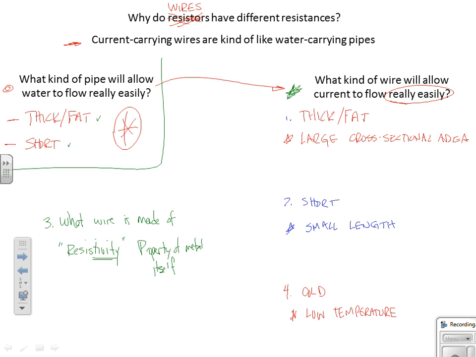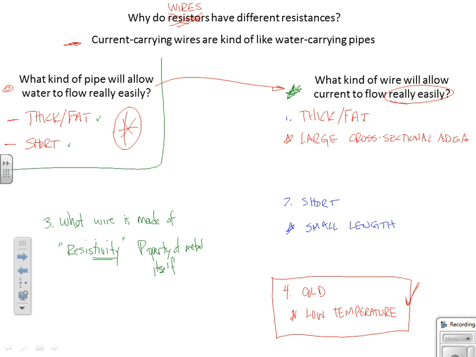All right, so here are 4 things that affect the current carrying capability of a wire. Now this one we usually just keep constant. At least in the problems that we solve, we'll keep it constant. But you should know that the colder a wire is, the better conductor it is.